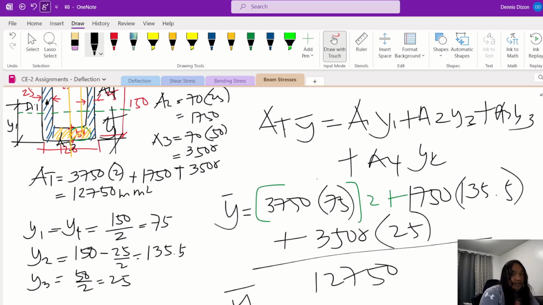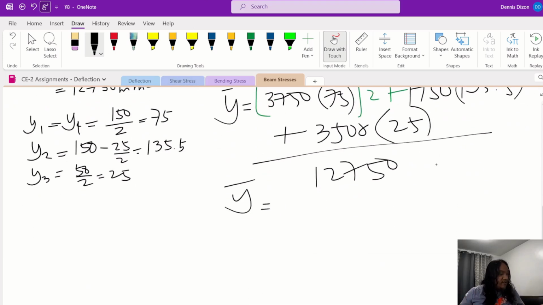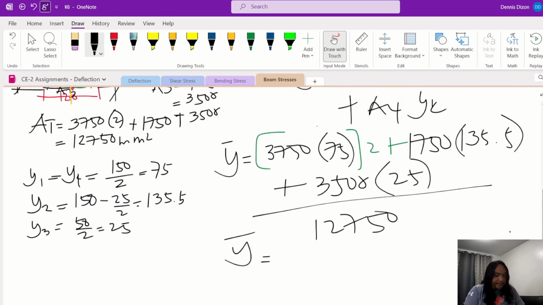So barred y, the location of the neutral axis from the bottom of the section, is 3750 times 75 times 2 plus 1750 times 135.5, plus 3500 times 25, divided by 12750. This is 69.578.